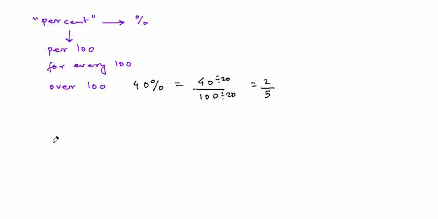And then when we talk about a certain percentage of a given number, it's like saying what out of this number is equivalent to this percentage out here. For example, let's say we want to find 25% of 300.